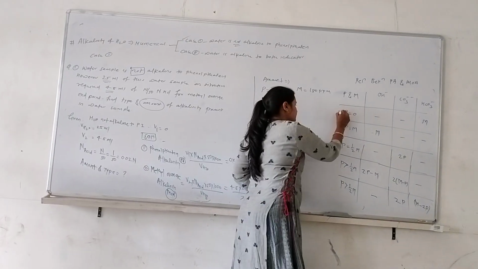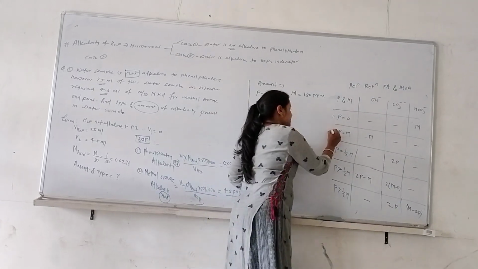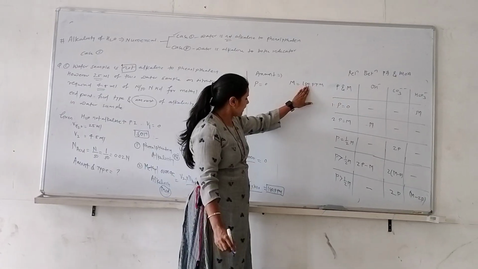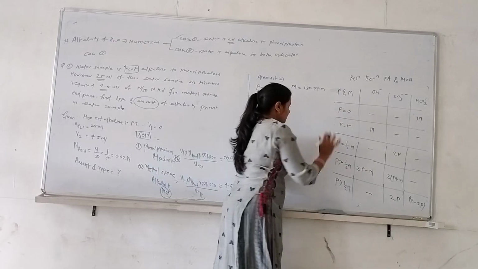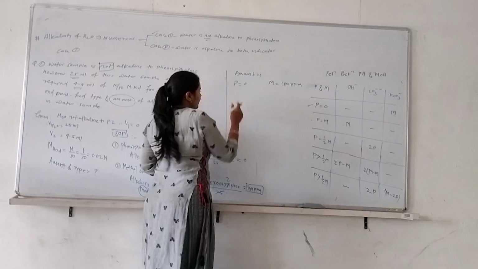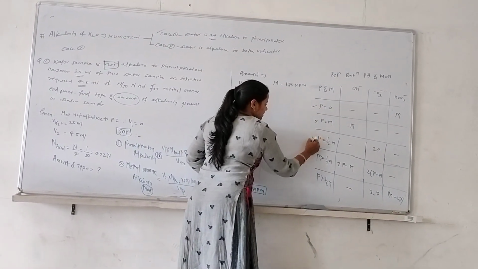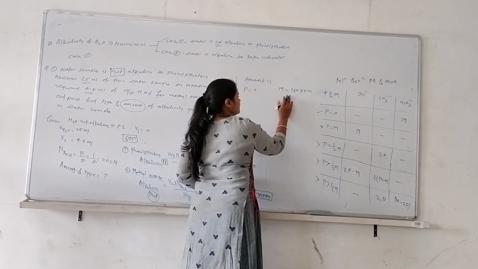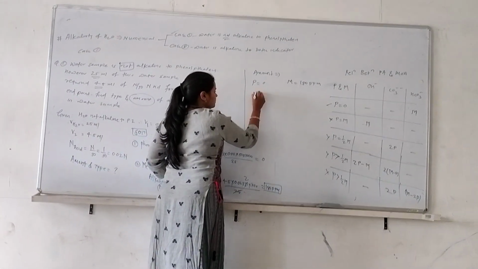Case 2, P is equal to M. As P is 0 and M is 180, this case is also not valid. Let's see, P is equal to 0 and M is equal to 180, so the case where P is zero is valid, because P is equal to 0 as given. The other cases are not valid, because this case is valid for the given numerical. How?